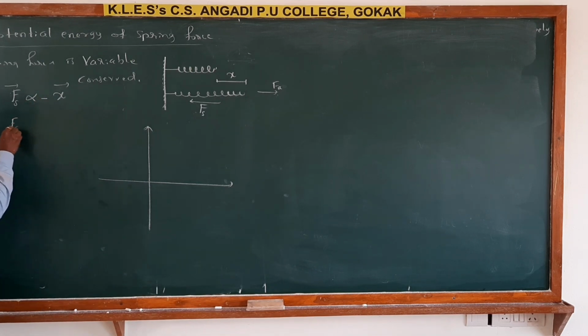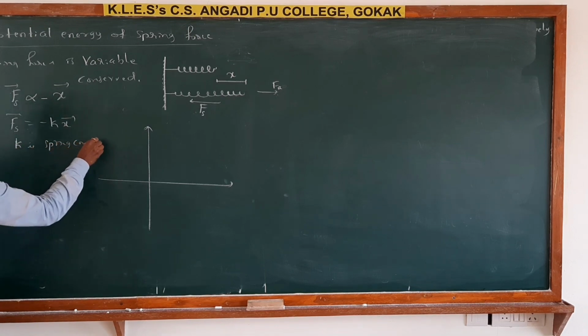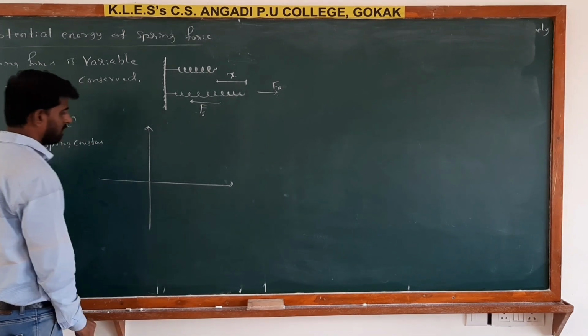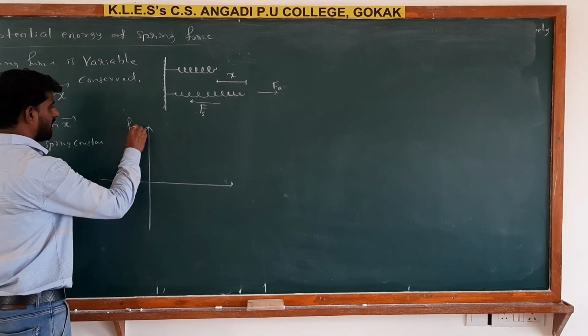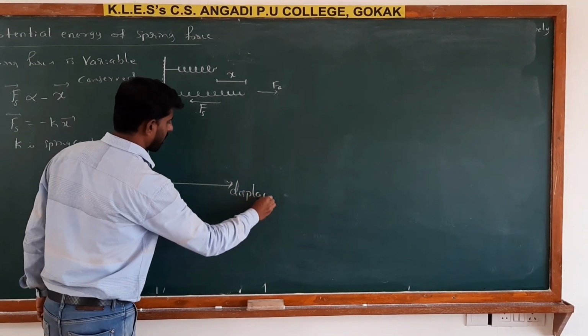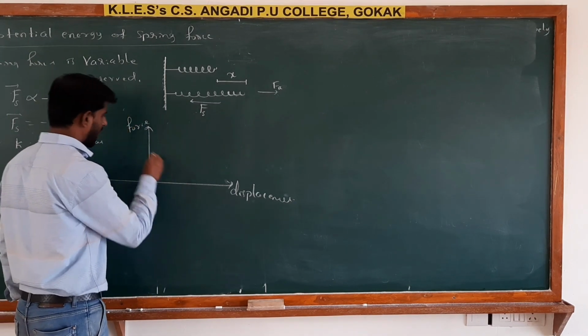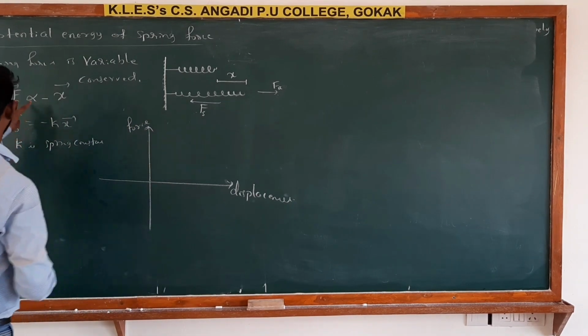So Fs is equal to minus k into x, where k is the spring constant. I'll draw the graph. Along the y axis is the force, along the x axis is the displacement. If I take x as positive, I must take F as negative because of this relation.